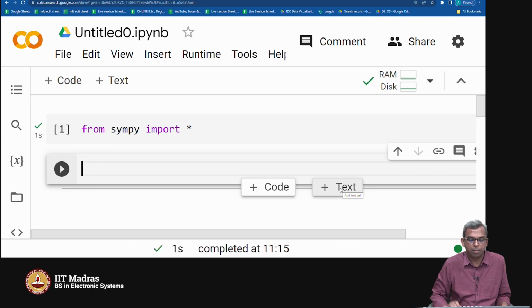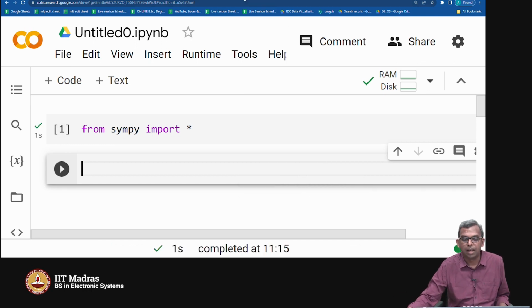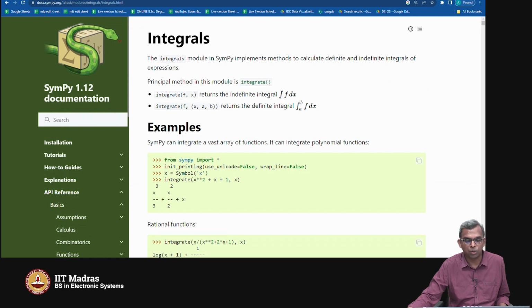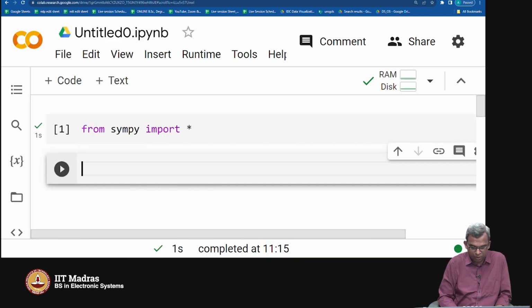Okay, so it has imported everything from SymPy, and you have to do this init_printing, to make it look decent, and I like to use the Unicode printing. Let me just see, init_printing, use_unicode equals True. Let's do that.